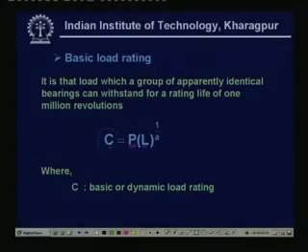Normally in practice, if you have a load P, then for whatever life of the bearing you choose, this value of C will be very, very high. So, this basic load rating really does not fall onto a bearing. This is on the conservative side, that means we are designing a bearing.